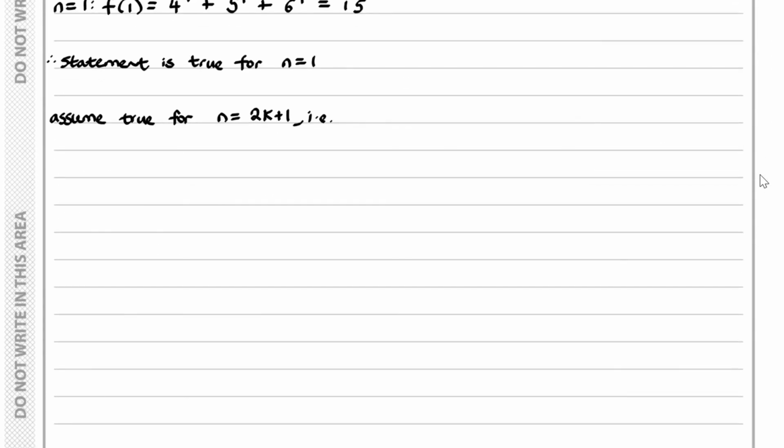So with our assumption step, we will assume that f of 2k plus 1, so that's going to equal 4 to the power of 2k plus 1, plus 5 to the power of 2k plus 1, plus 6 to the power of 2k plus 1, this result over here is divisible by 15.